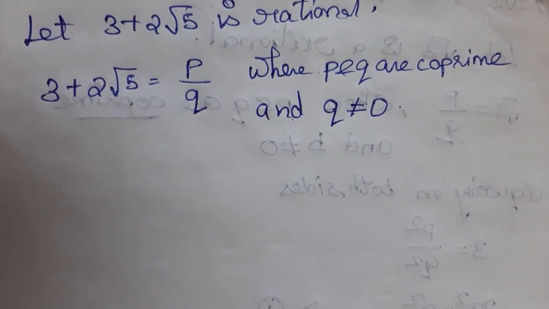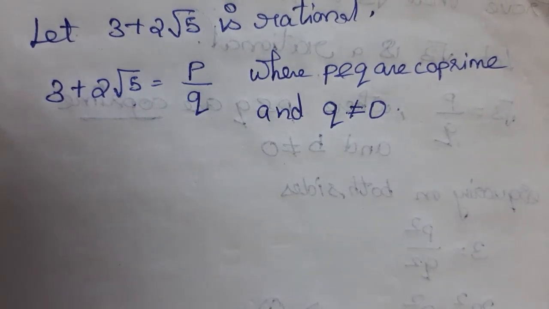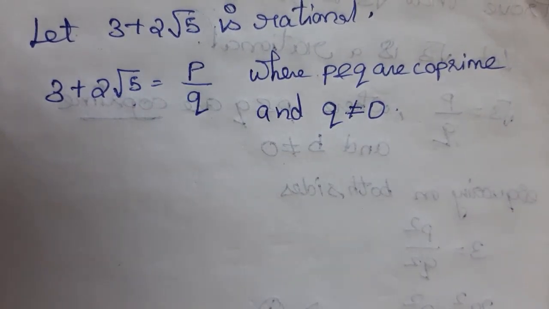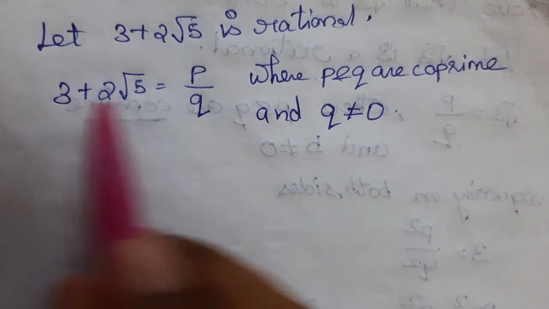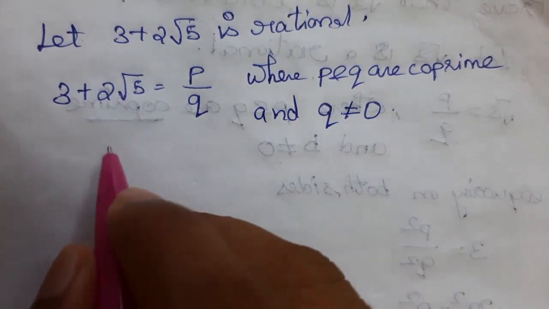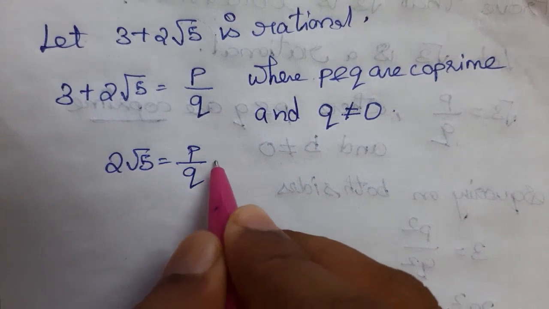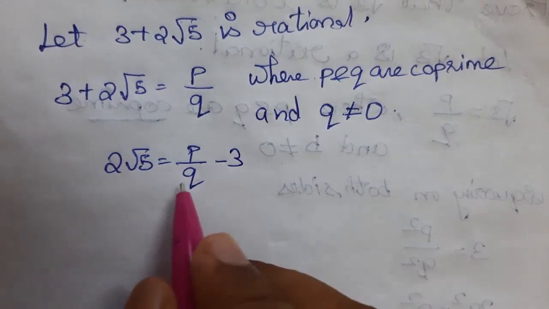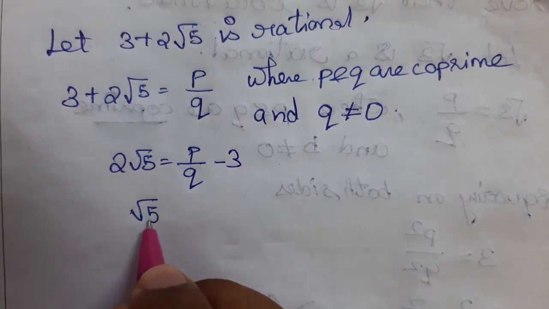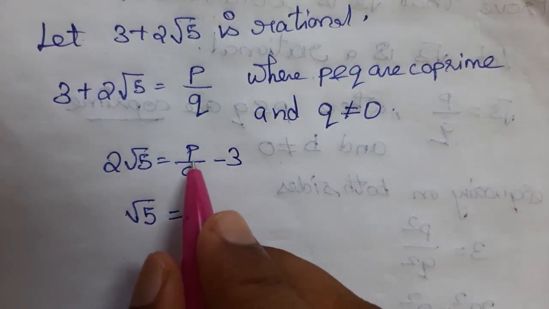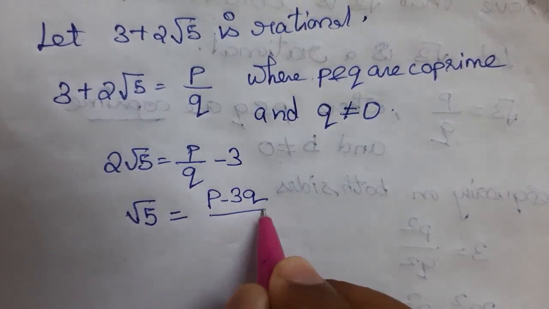So what happened? Just take and express this expression in terms of square root of 5. First 3 is there, so if we subtract 3 from both sides you will get 2 square root of 5 is equal to p by q minus 3, right? So next, square root of 5, expressed only in terms of square root of 5, is p minus 3q by q.